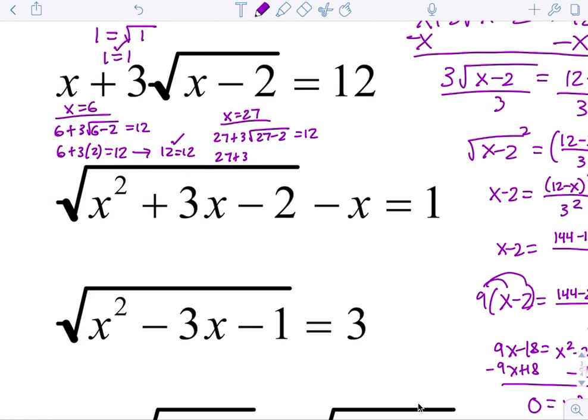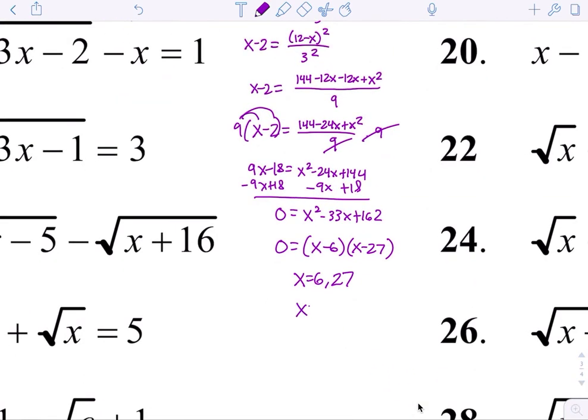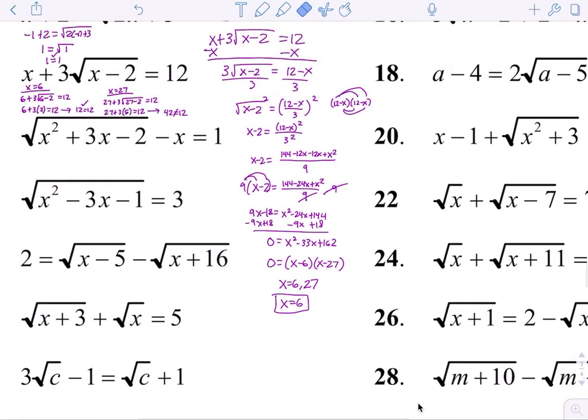So radical 25 or square root of 25 is 5, and that's going to be 15 plus 27, which is 42. That does not equal 12. So our only answer could be x is equal to 6. x equals 27, that's an extraneous solution.